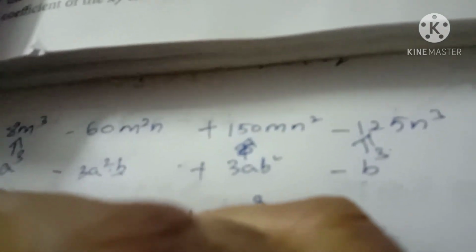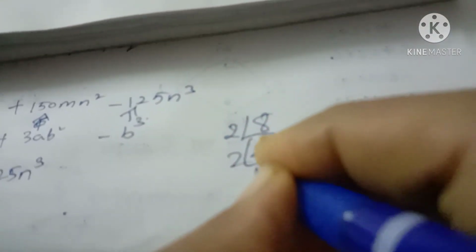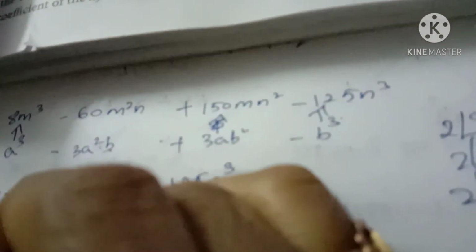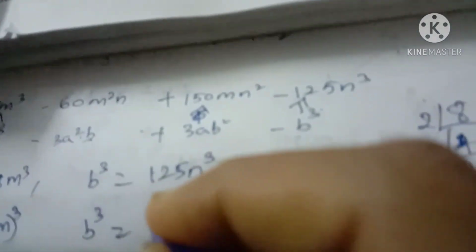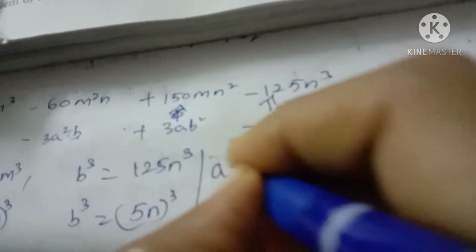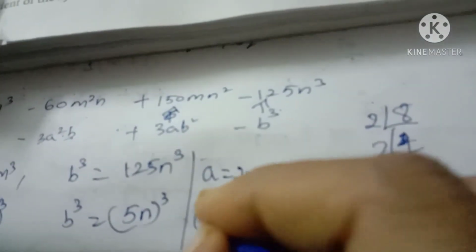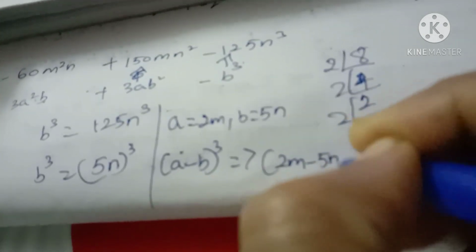Therefore, if you take the cube root for 8, it is 2m the whole power 3, and b cube is equal to 5n the whole power 3. Therefore, a value is equal to 2m and b value is equal to 5n. Factor is a minus b the whole cube, which is equal to 2m minus 5n the whole cube.